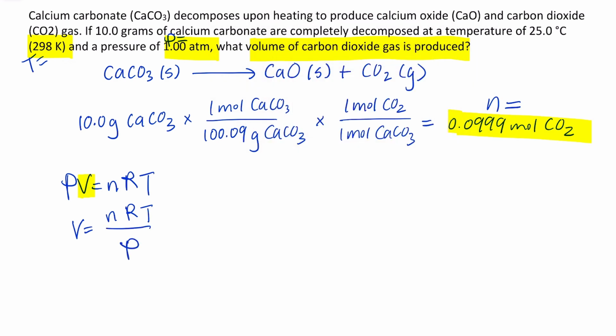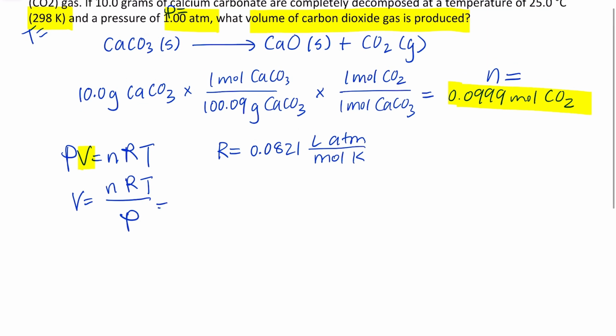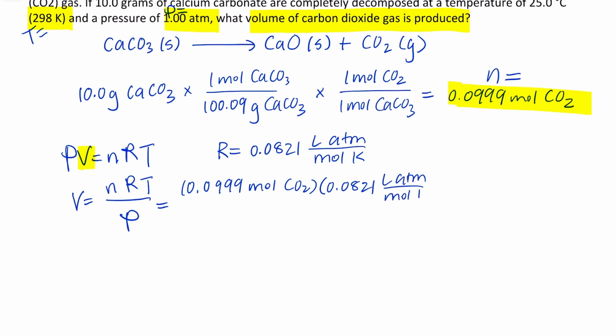And for R, we're going to use 0.0821 L atm over mole K. If we do some substitution, we get 0.0999 moles of CO2 multiplied by 0.0821 L atm over mole K, as well as 298 Kelvin, all over 1.00 atm.